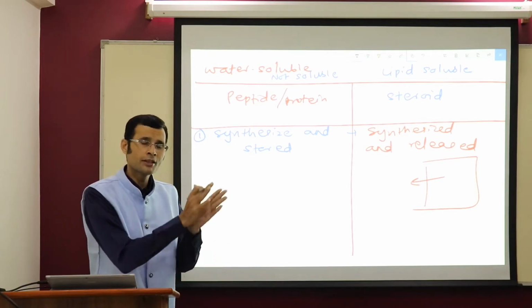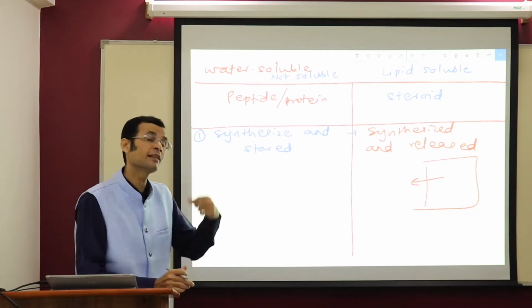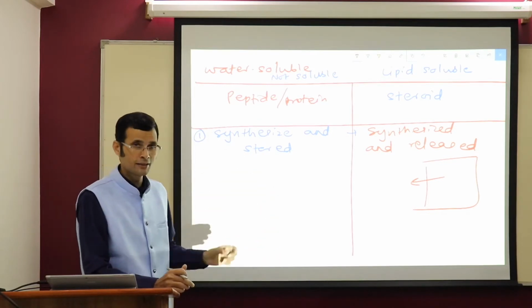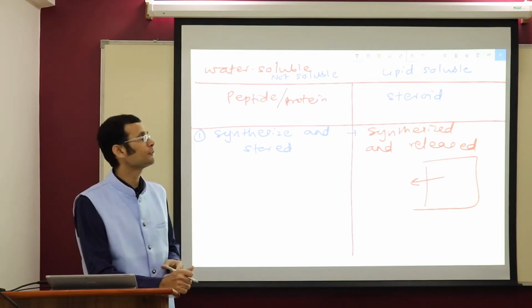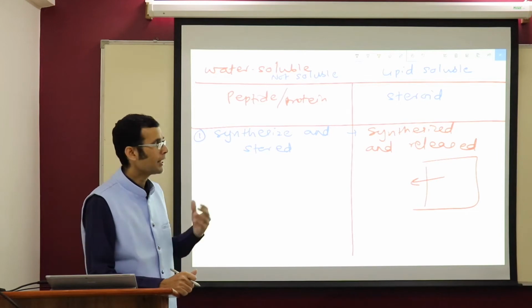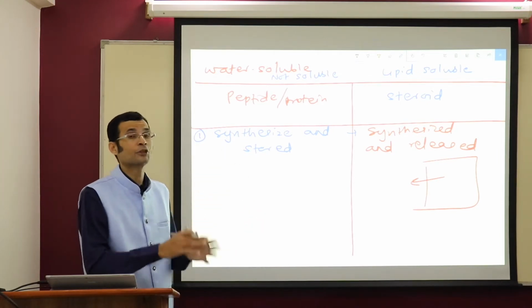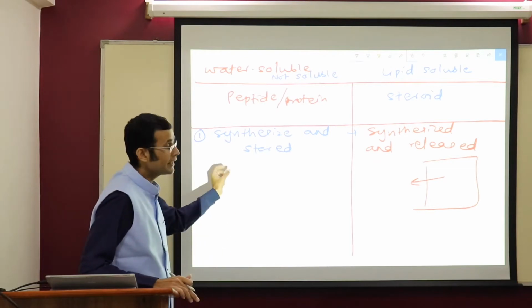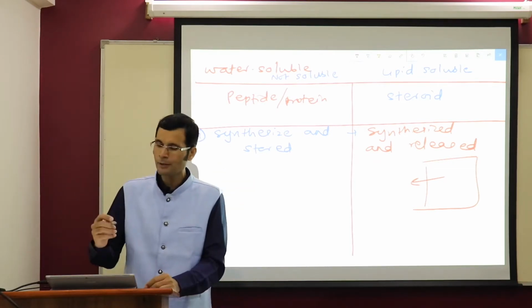So secretion is regulated, whereas in the case of steroid hormones, their synthesis is regulated. That is, for instance, the enzymes necessary for the synthesis of steroid hormones will be upregulated or downregulated, and in this manner, the synthesis will be regulated in the case of steroid hormones, whereas secretion will be regulated in the case of peptide or protein hormones. A very important difference.